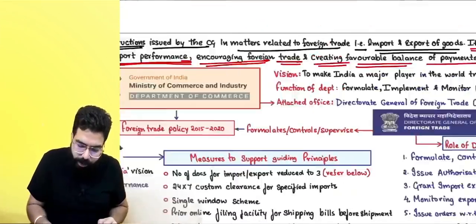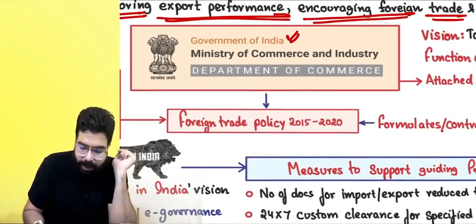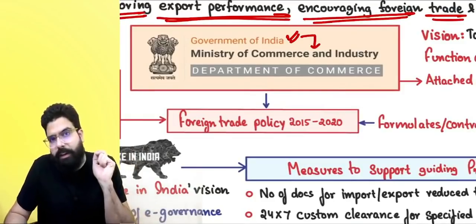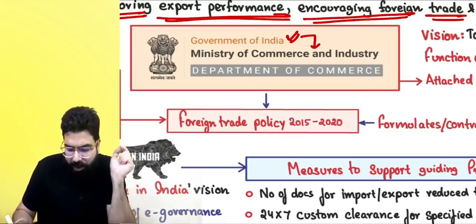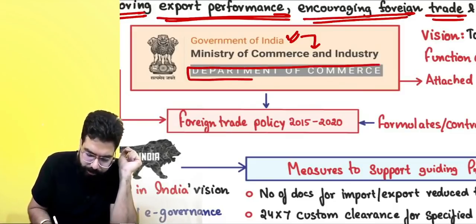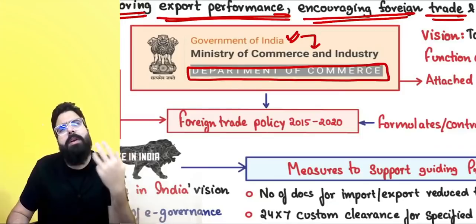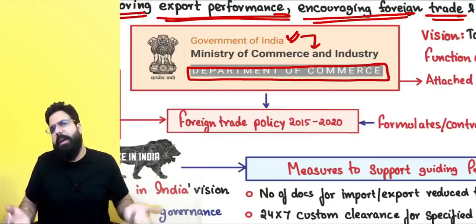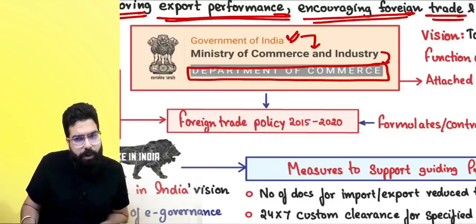Now, everyone over here, in the Government of India there is the Ministry of Commerce and Industry. In that Ministry of Commerce and Industry, we have the Department of Commerce. The main work of commerce and industry is what? Developing commerce and industry. So in that we have the Department of Commerce.